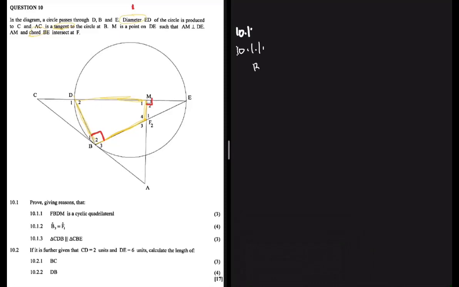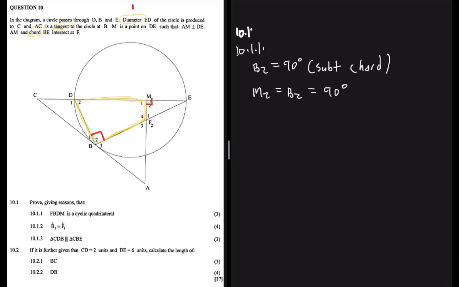So we can see that B2 is equal to 90 degrees because it has been subtended by a chord. And then from there we can see that M2 equals B2. So why are we saying M2 is equal to B2? Because they are both equal to 90 degrees, right?